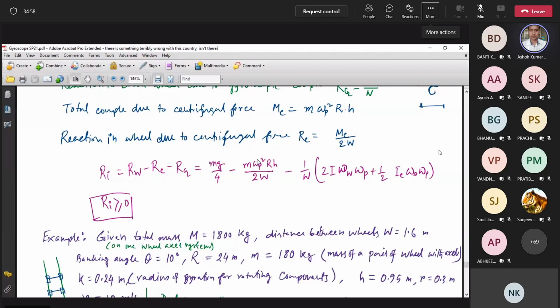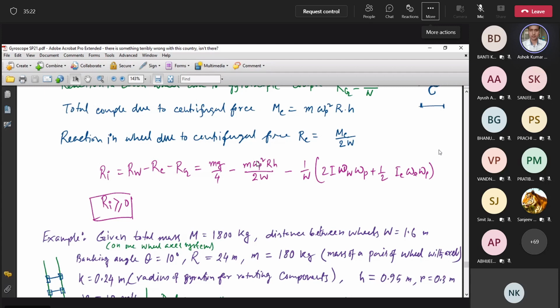Mainly you see that it depends on this quantity, which is the precessional angular velocity. Sometimes when you are riding a bike or car and taking a turn, you have some intuition that this much velocity I should have, otherwise there will be some issue. In the turn you slow down, right?